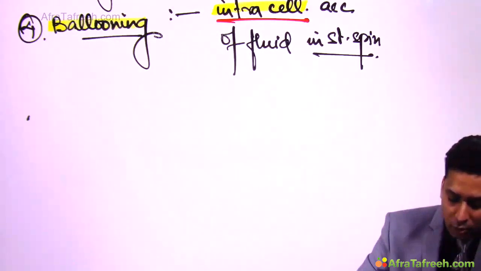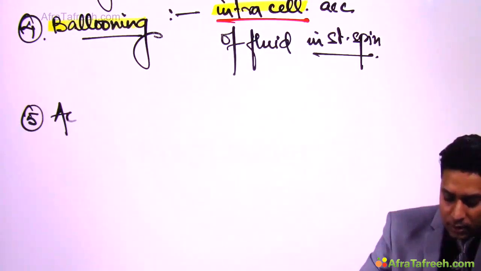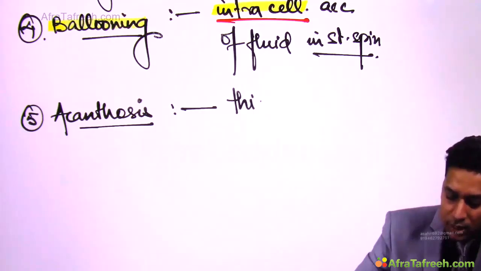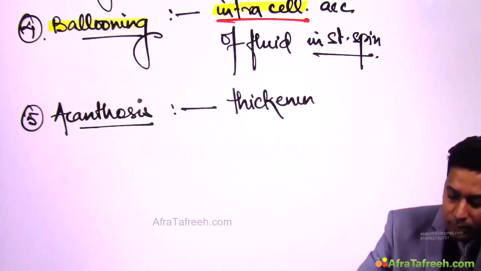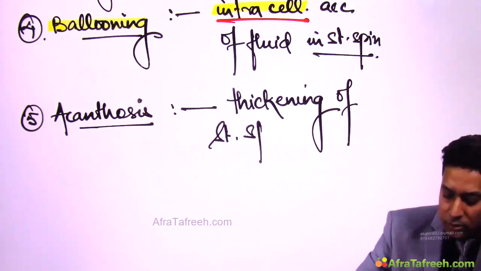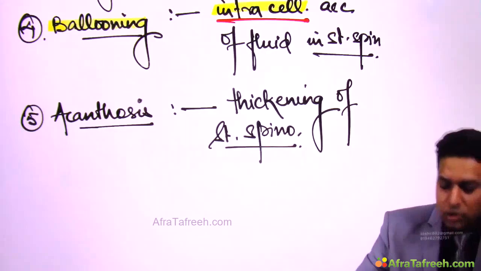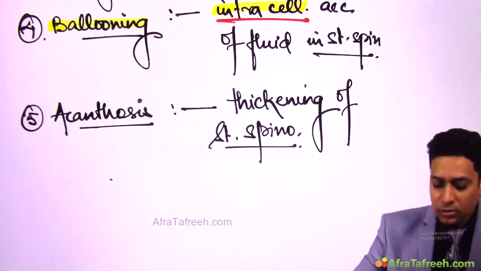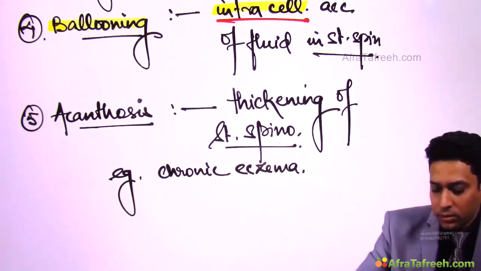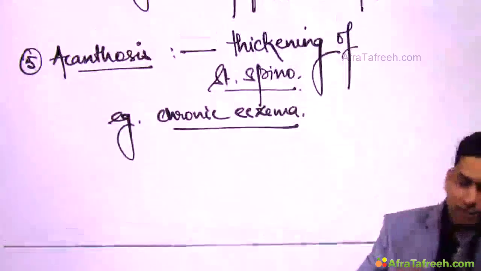But in chronic eczema, acanthosis is seen. Acanthosis is thickening of stratum spinosum. So if you find thickening of stratum spinosum, that is a feature of chronic eczema. Now why?